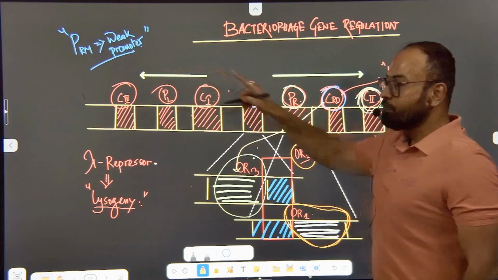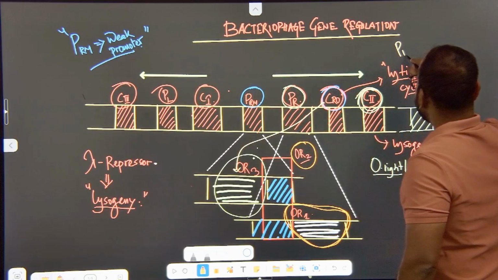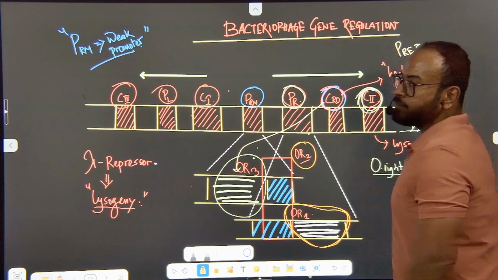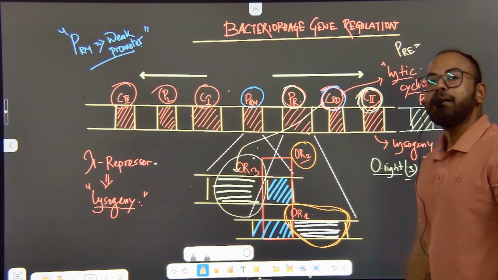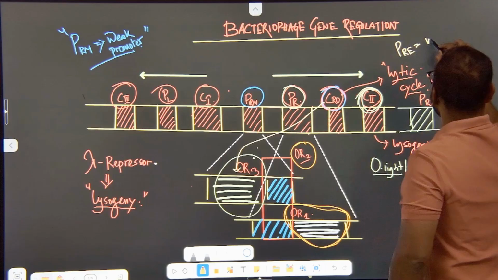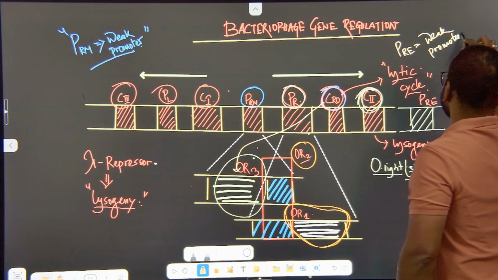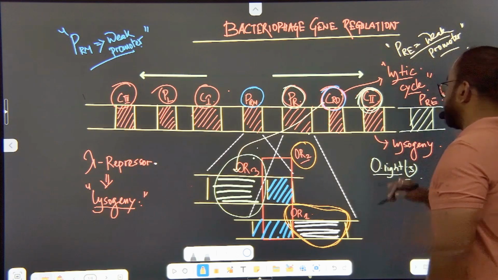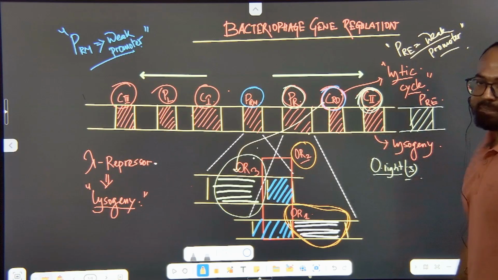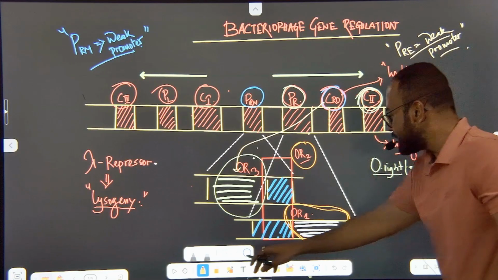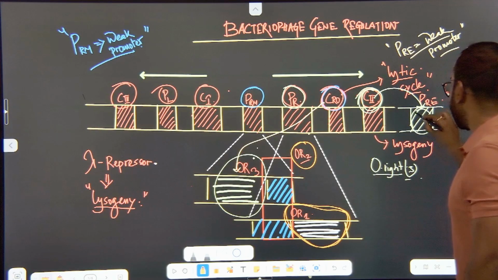We have got PRM, and secondly we have got PRE. PRE means repressor establishment. This is also a weak promoter. So C2, after getting synthesized, interacts with and binds with PRE.